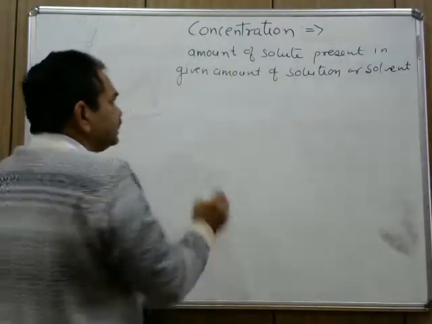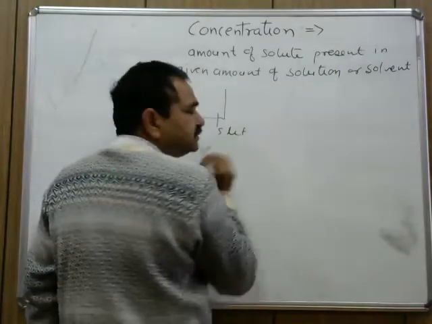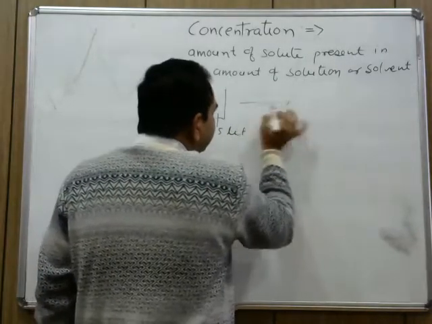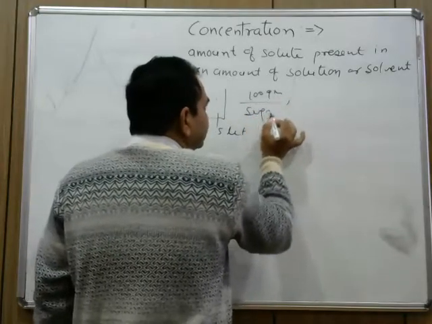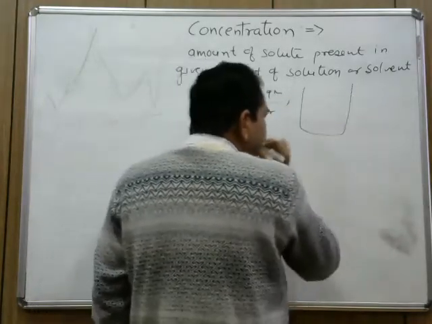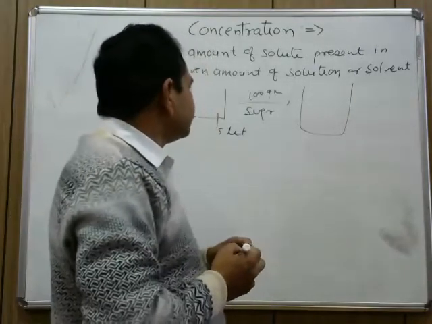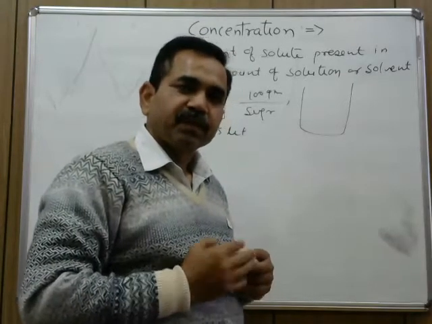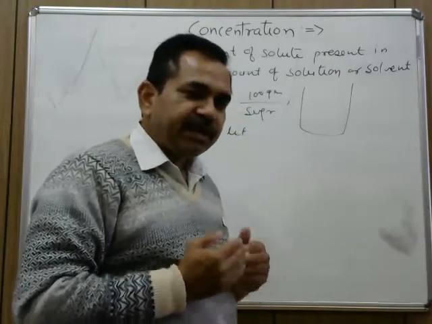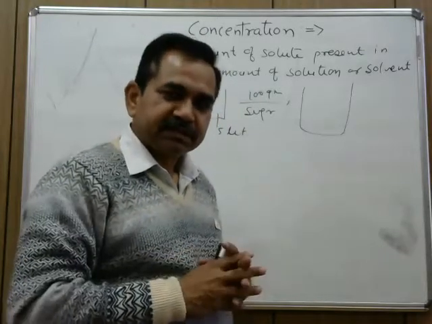Say for example, we have 5 liters of water and we add 100 grams of sugar to it and make a solution. So this 100 grams of sugar is present in 5 liters of solution, or we can say 20 grams of sugar is present per liter of solution.